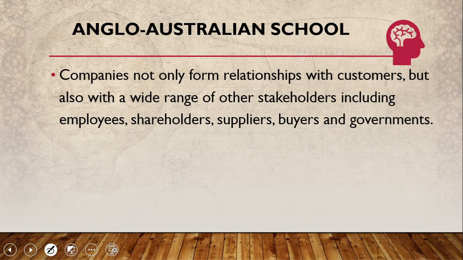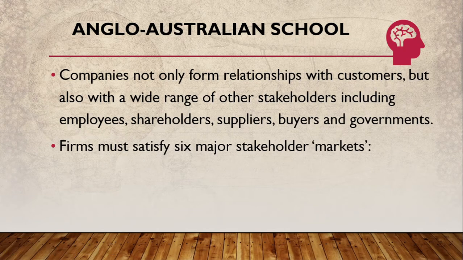Next, the Anglo-Australian school. What this school of model says is companies not only form relationships with customers but also with a wide range of other stakeholders, including the employees, shareholders, suppliers, buyers, and governments.